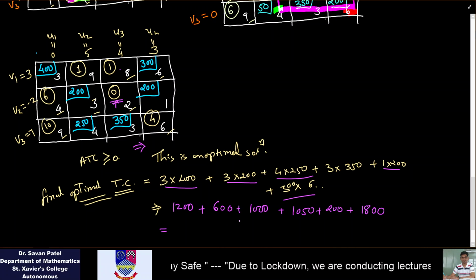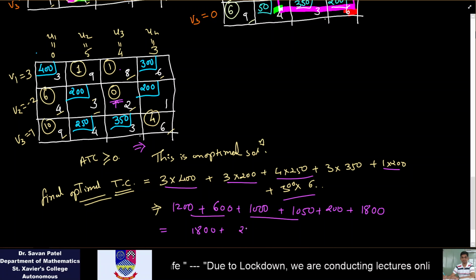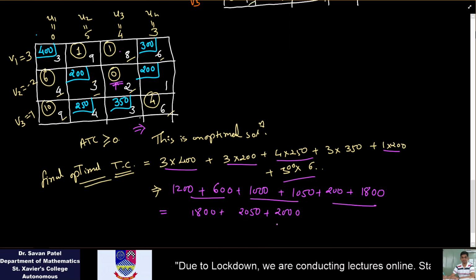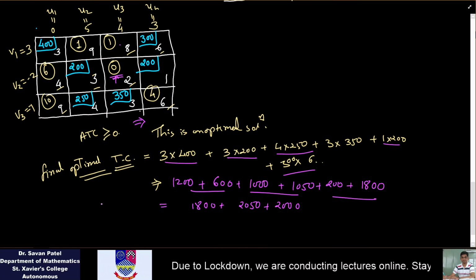So this two sum is 1800, plus this two sum is 2050, and this two sum is 200, sorry, 2300. So total is 4 plus 1, 5, 8, 5, 0. Okay.